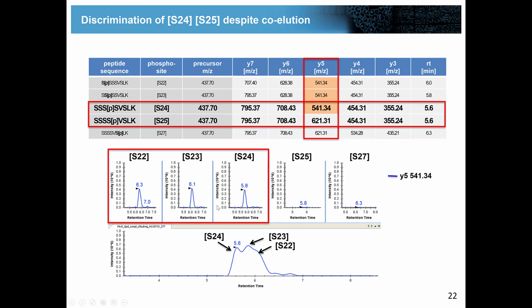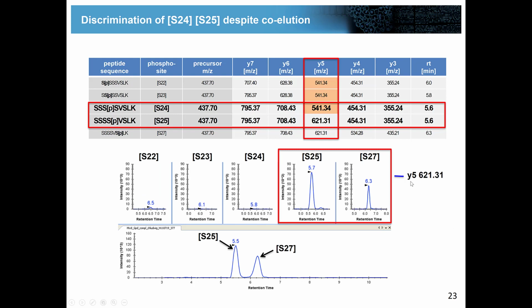In the individual mixes, this transition is high in the first three isoforms, and in the mix we see this shoulder of three different peaks, while when we focus on the Y5 621, we can see this transition is only present in the last two phosphopeptide peaks, and you can see in the mix that these two phosphopeptide versions are actually quite nicely baseline separable from each other.